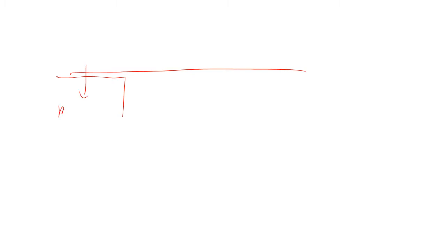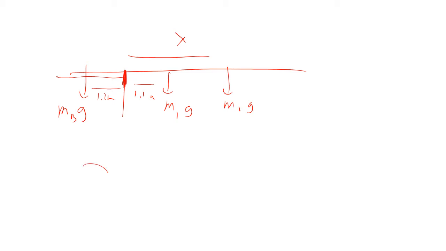Okay, so we've got the mass of the bricks times G, 1.2 meters. We've got the mass of the board times G at 1.1 meters. We've got the mass of the person times G at some x. And so we're going to say that the normal is out of the picture now, because it's going to be right at the pivot point. If d is 0, it doesn't do anything. And so we can now say that the clockwise torque has to equal the counterclockwise torque.